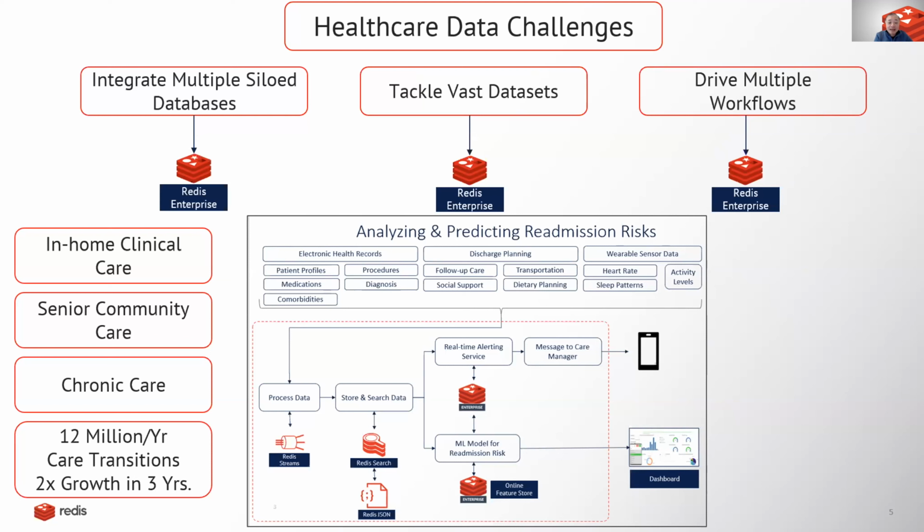Some of that information may reside as a JSON document, think your FHIR records. And so we can help as part of that AI/ML model for predicting some of these risks. We can act as the online feature store, to serve those features that would then help in the production environment of doing the actual inferencing.